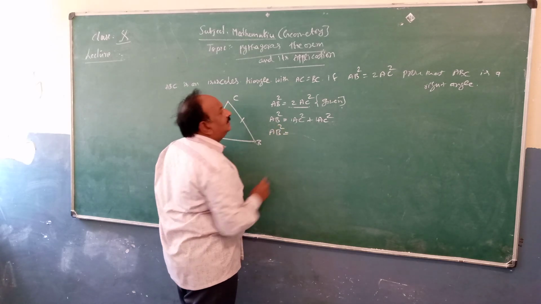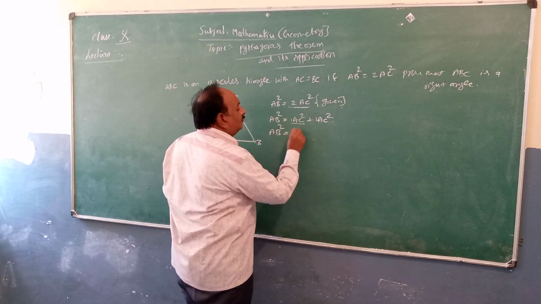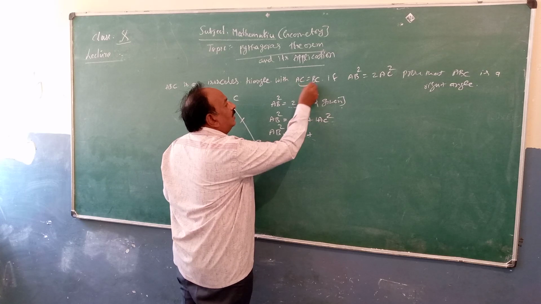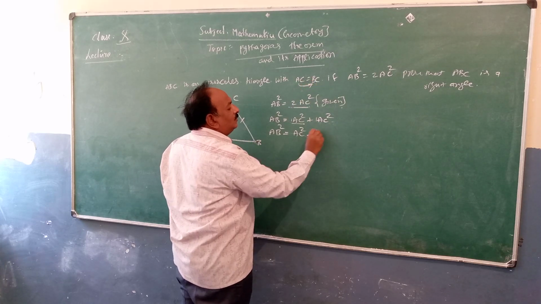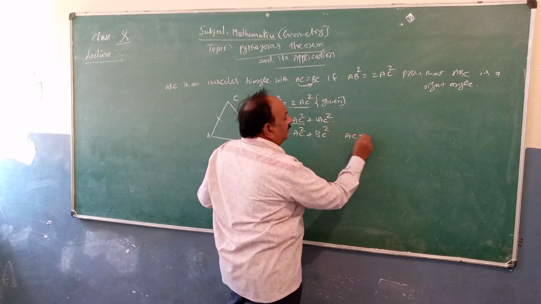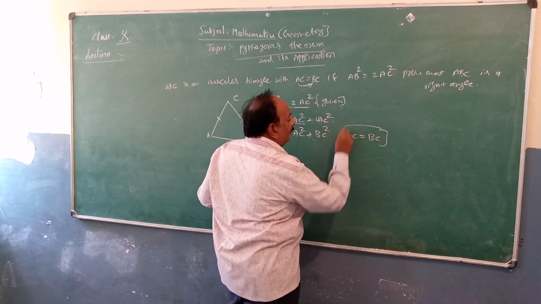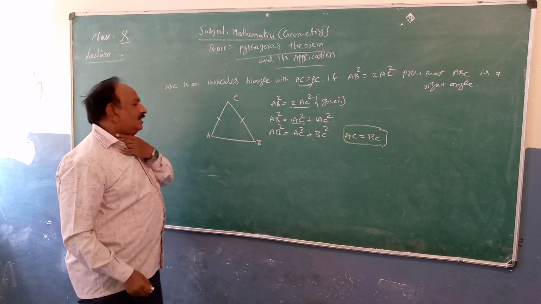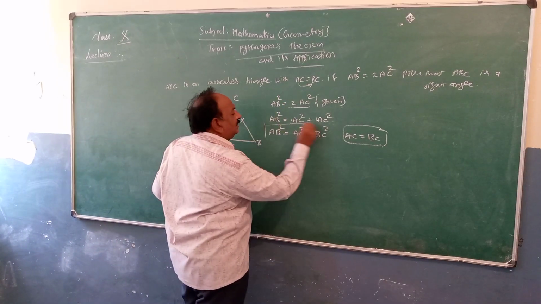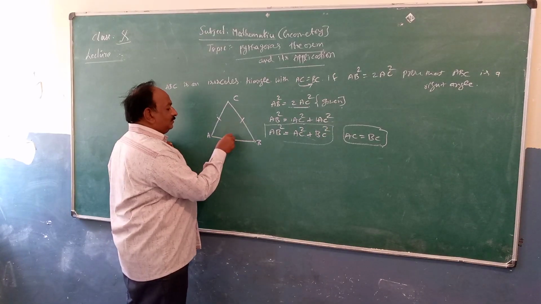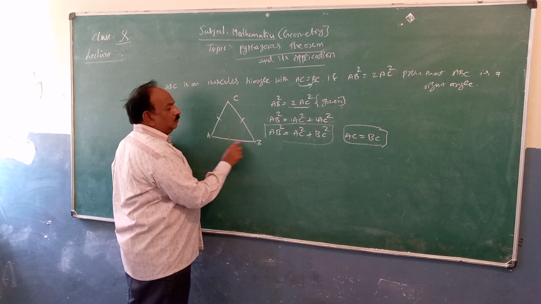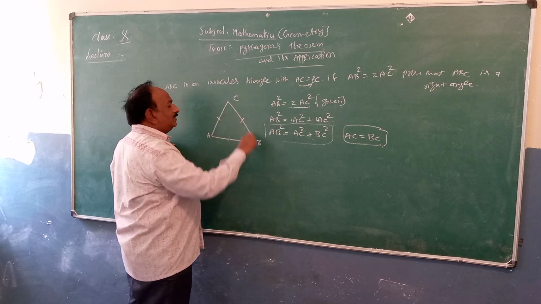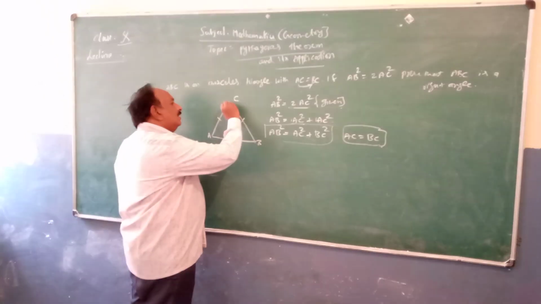AB square is equal to AC square as it is. What is AC? AC is equal to BC. Therefore, AB square is equal to AC square plus BC square.